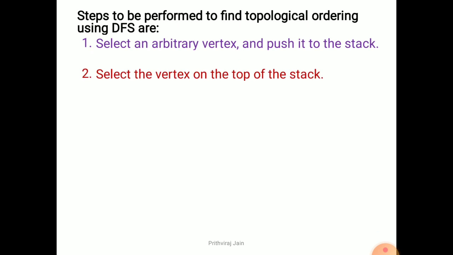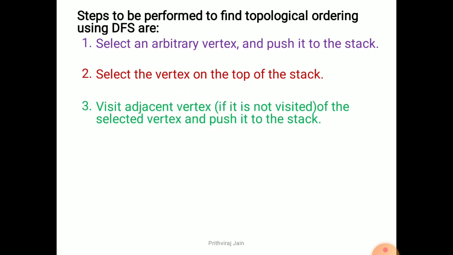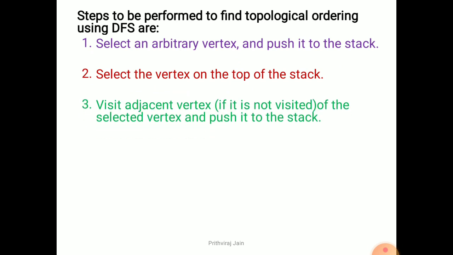Select the vertex on the top of the stack, then visit the adjacent vertex of the selected vertex. While visiting, only if that vertex is not visited can we visit the adjacent vertex and push it onto the top of the stack.